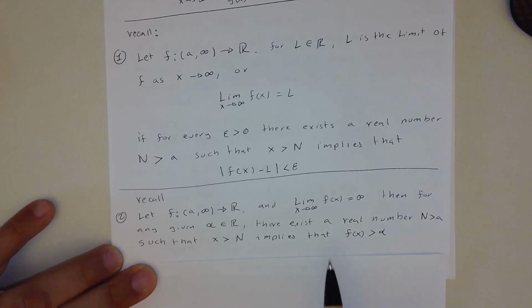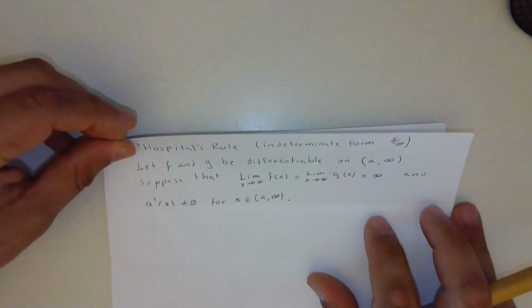So I can set whatever alpha I want, and I will find an n that lets f of x become greater than that alpha. With these two concepts, let's go to the proof.